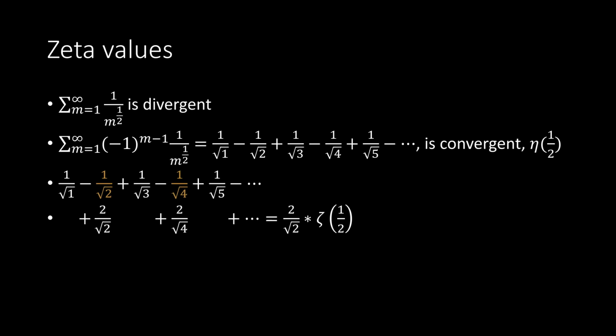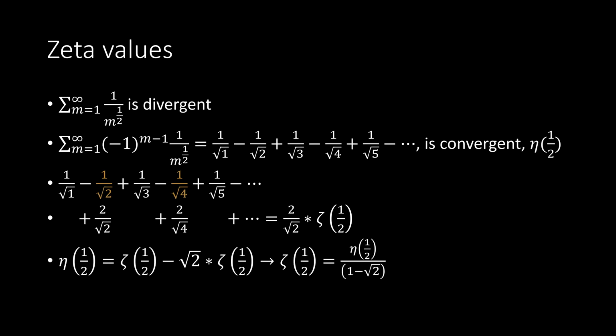And what we have at the bottom is exactly 2 times the square root of 2 times the zeta function of the same thing.